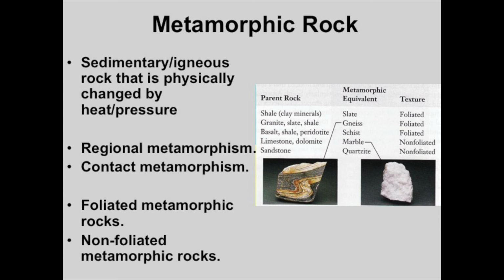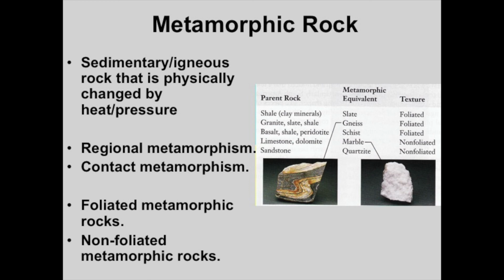Compare, in this case, the kinds of parent materials that you see listed on the left-hand side of the image to what metamorphic results we see on the right side. What you will find when you look more closely at this table is that a parent rock material like limestone or dolomite, because of its uniform nature, will result in a more uniform, non-foliated metamorphic rock like marble.